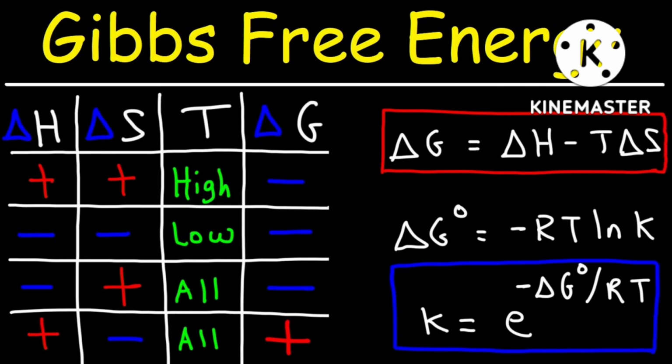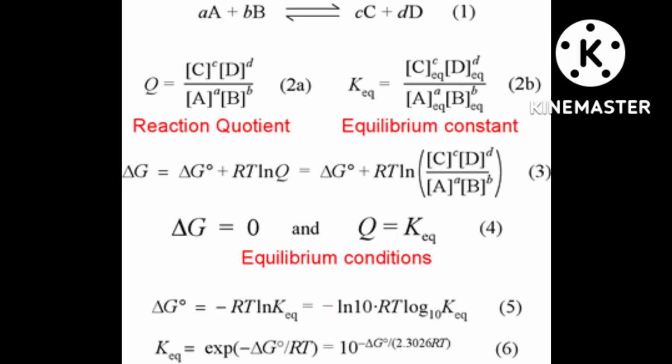Already told you, partial pressure is treated as concentration. And now again a concept that I told in the beginning: K is equal to products divided by reactants. Product divided by reactant, that is the K value.